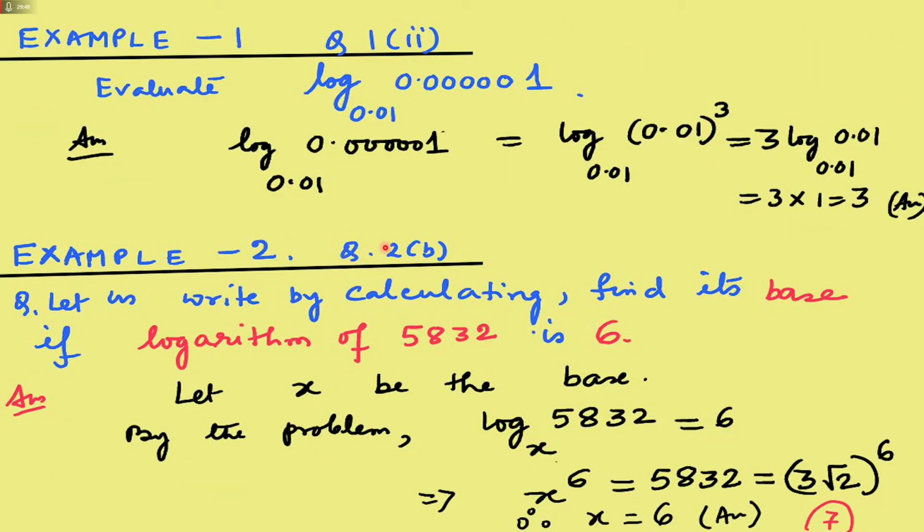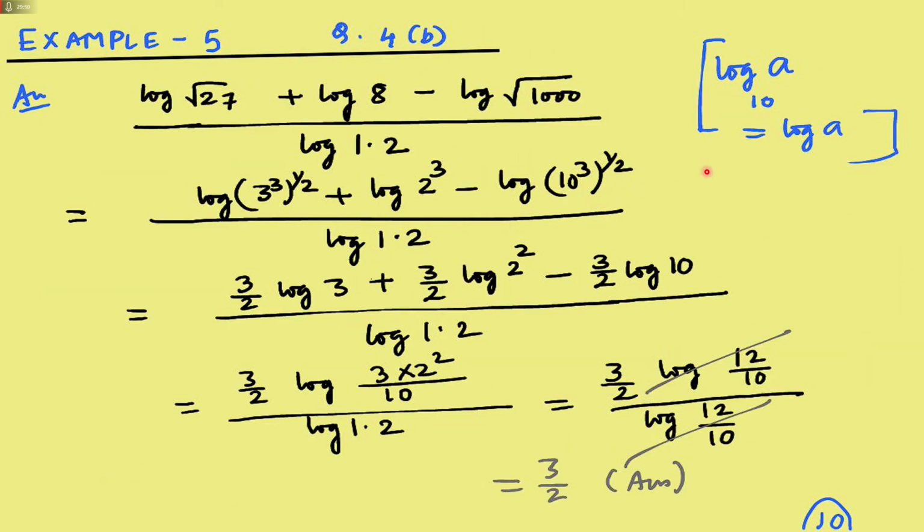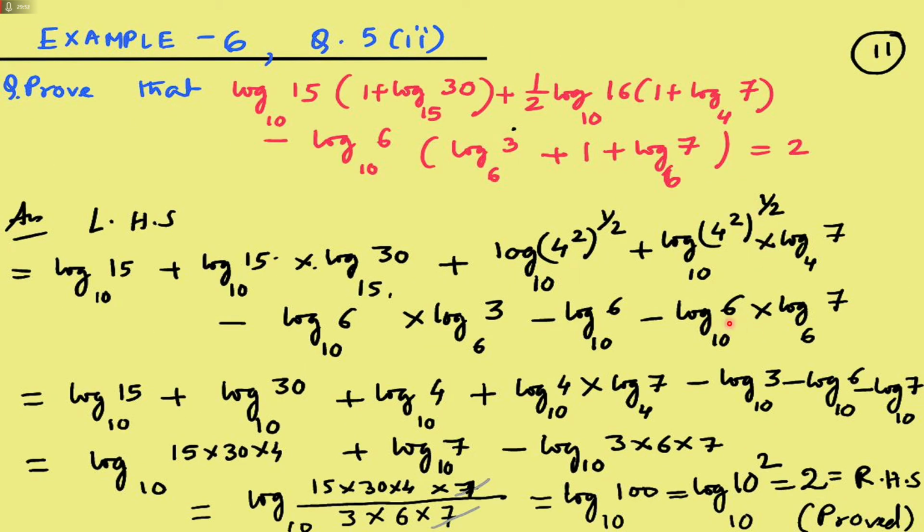Now you will have here log 7 base 10. From this you can get, this is log 6 base 10, this is log 3 base 10, and this will give you log 4 base 10 into log 7 base 4.